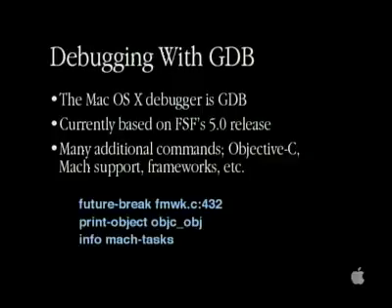We can print an Objective-C object, and it's almost like a reflection kind of thing. You can ask for information on all kinds of properties of Mach, such as the Mach tasks. I found info mach-tasks to be kind of interesting because it actually lists all the tasks, including the ones that don't belong to you. But I didn't actually go and try to see what I could do to the tasks that don't belong to me. But it seemed like an opportunity.